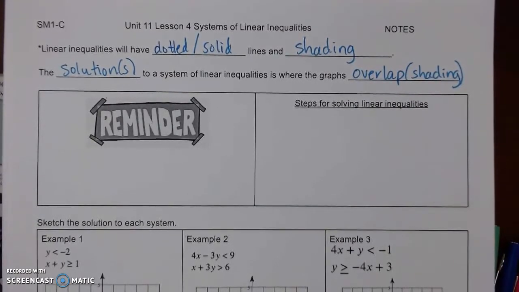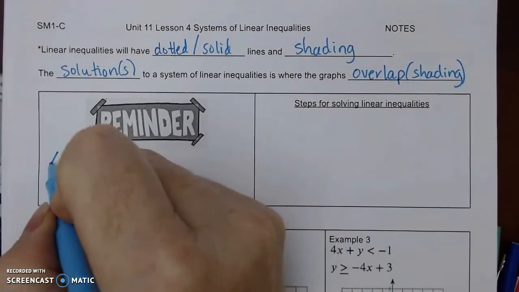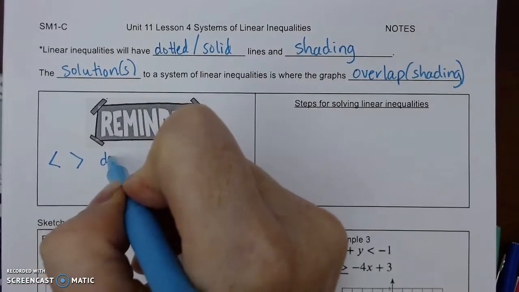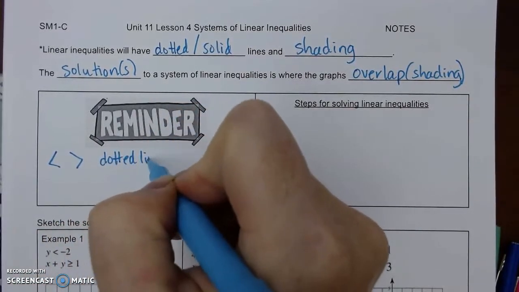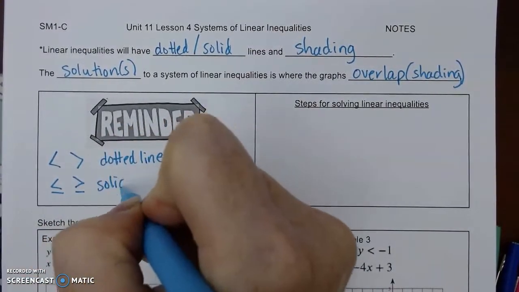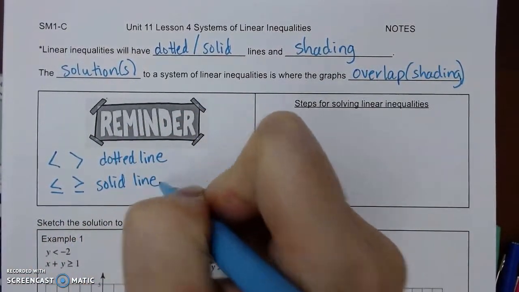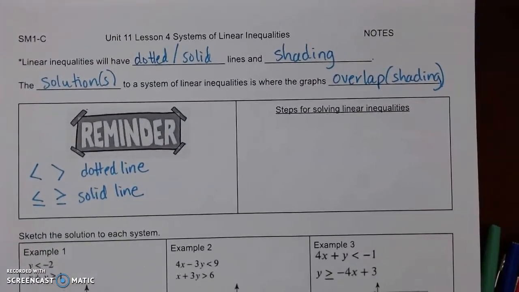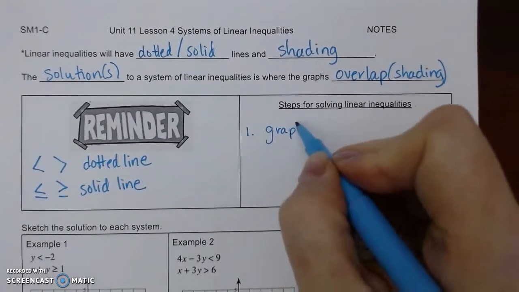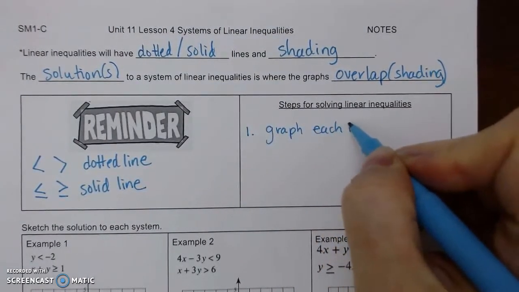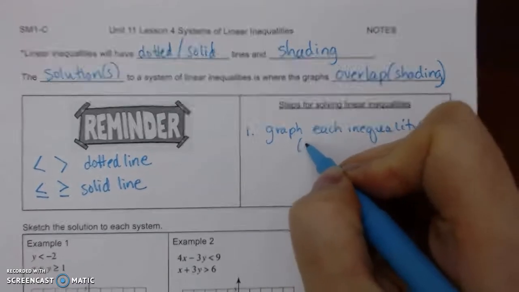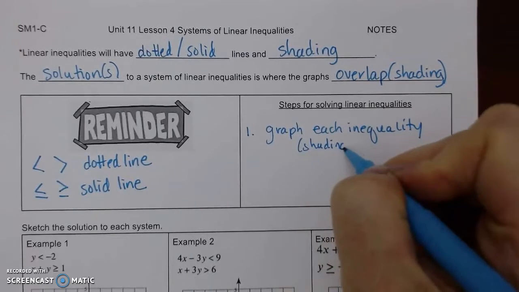As a reminder, if you see the symbol greater than or less than, that means you want to use a dotted line. And if you have less than or equal, greater than or equal, that's when you get a solid line. All right, so steps for solving: 1, graph each inequality, include the shading, and I like to use different colors.